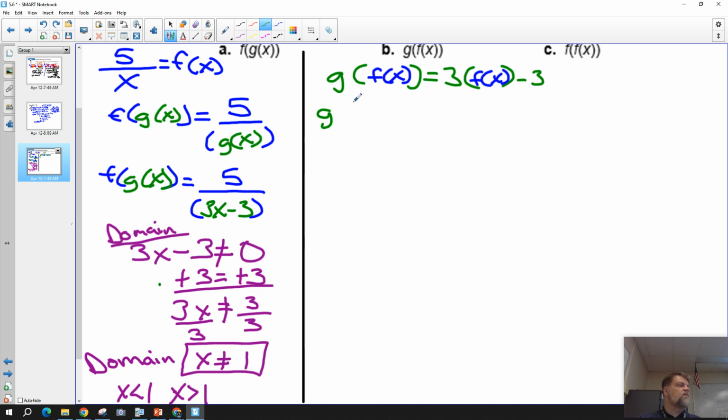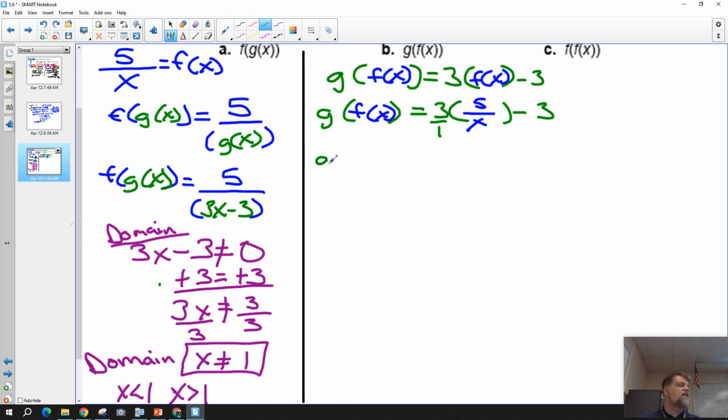So on the next line we say g of f of x is 3 times something minus 3. Well, f of x written in rational form is just 5 over x. And since we're going to have to multiply some fractions, isn't 3 the same as 3 over 1? Right? So we'll just leave it that way.